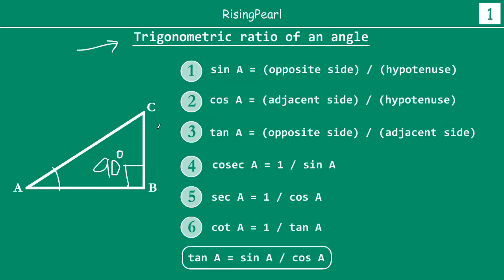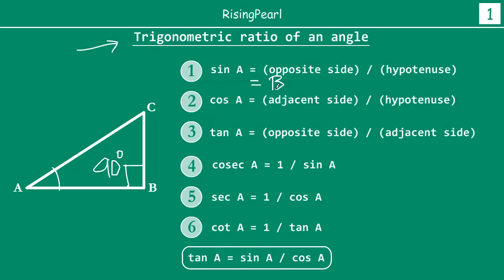I could have done that as well for angle C. So sine A is opposite side divided by hypotenuse. Every single opportunity that we get, we must write this to really clarify and cement these ratios in our mind. So sine A, if this is angle A, is BC divided by AC.